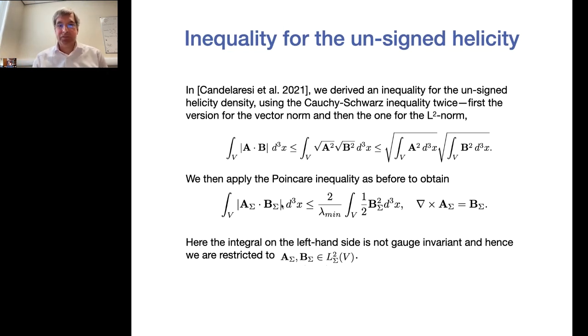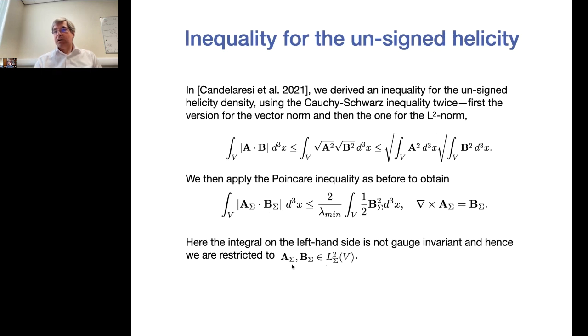However, there's a price to pay for that. And the price to pay is that this integral is not gauge invariant anymore, and correspondingly we can't easily relax the conditions on our vector fields.